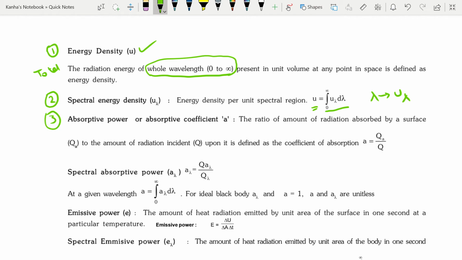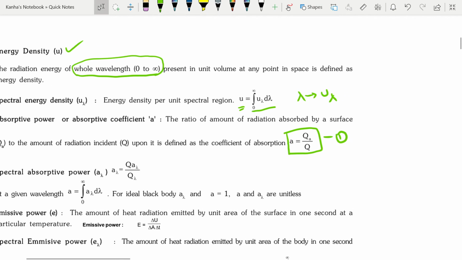What does this mean? It's the ratio of the amount of radiation absorbed by a surface to the amount of radiation incident upon it, defined as the coefficient of absorption. This is A. And how can you see this? I can draw maybe a slab for you. So this is your material. Now there are incident things on it.